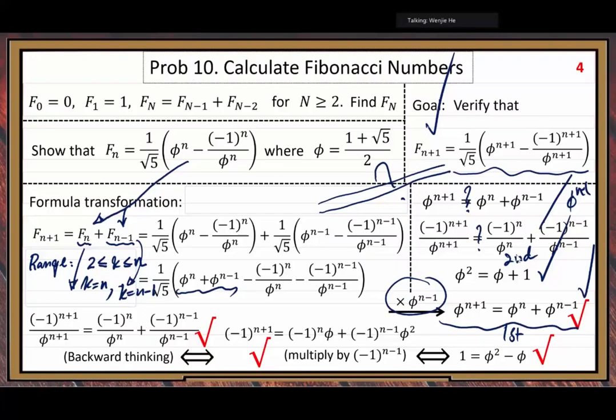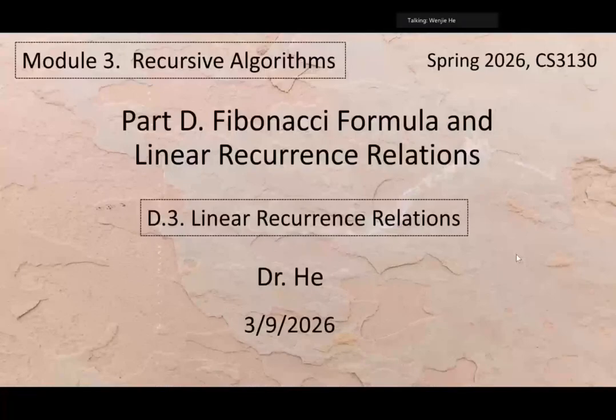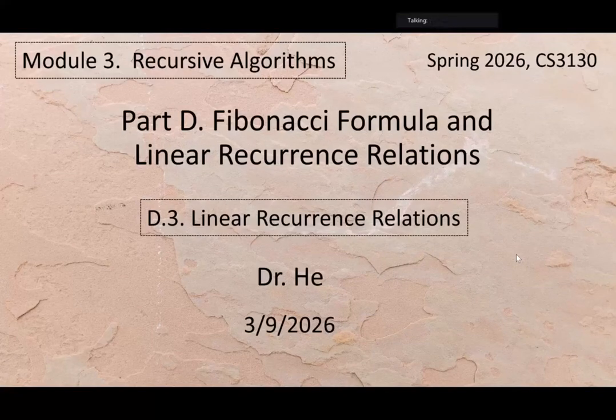Then the next topic, our second and also the last topic, deep on 3. But for deep on 3, we need to solve linear recurrence relations. Linear recurrence relations have two parts. First part, first order.